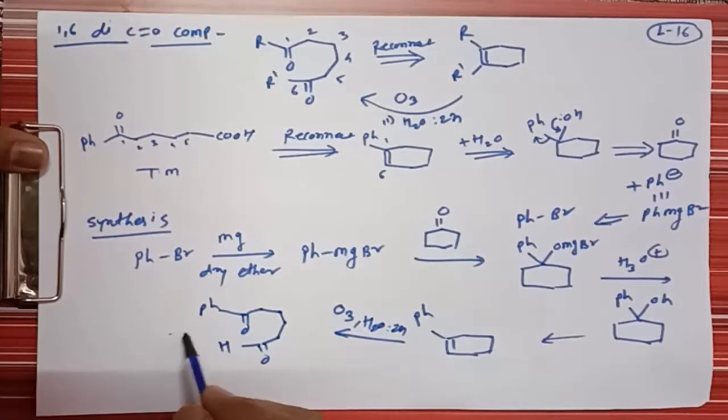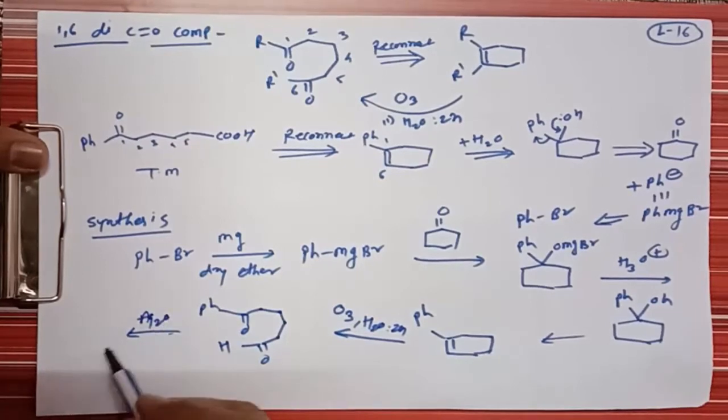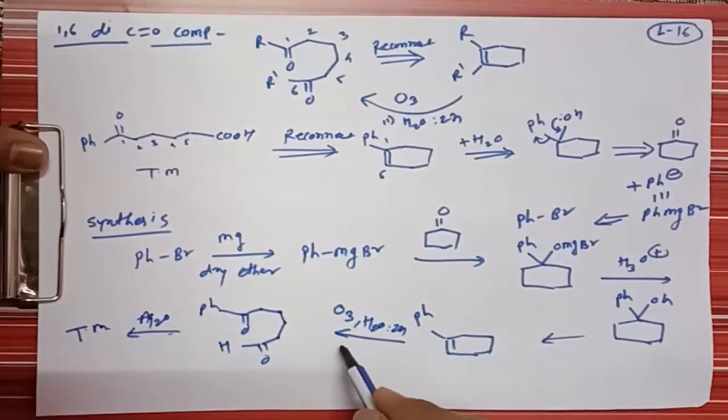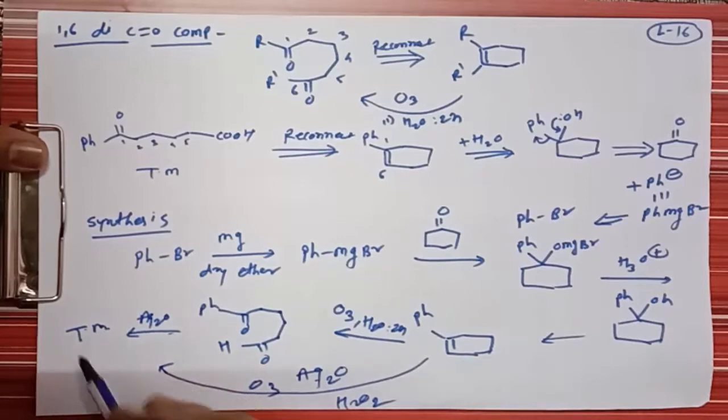And further, if we treat this molecule with oxidation, it gives the target molecule. Or simply, if we treat this olefin with Ag2O in presence of H2O2 and ozonolysis, it directly gives the target molecule.